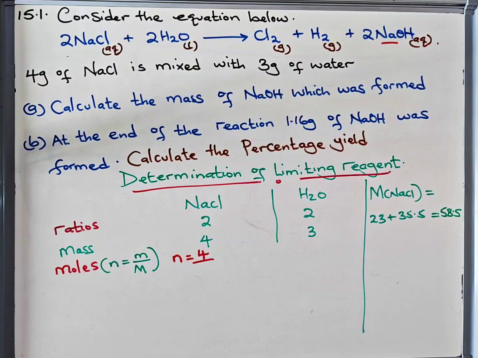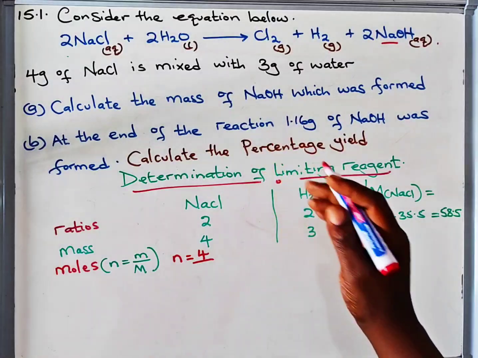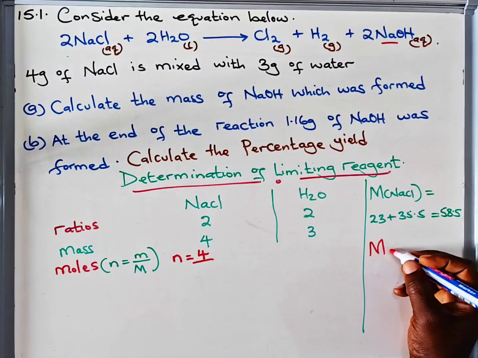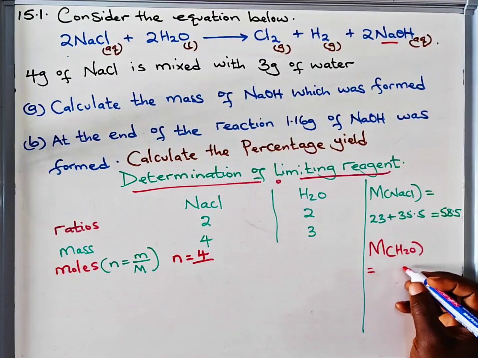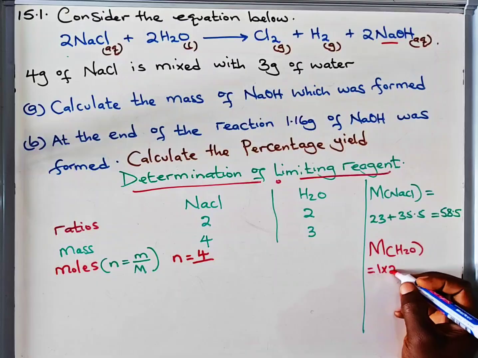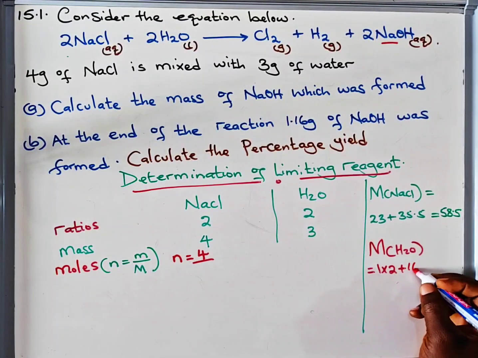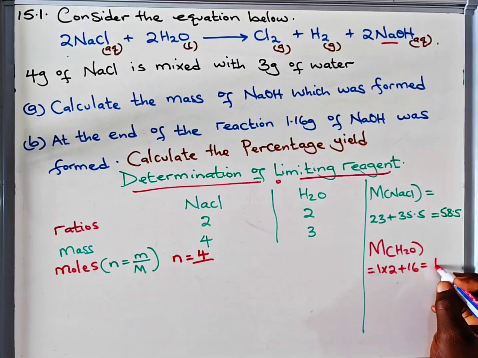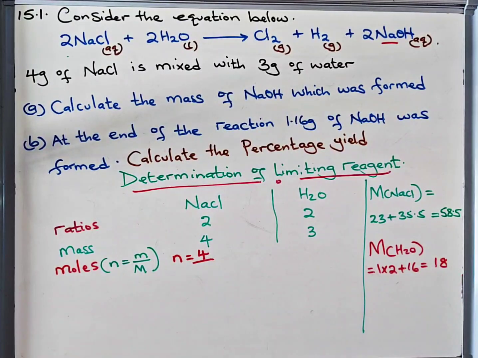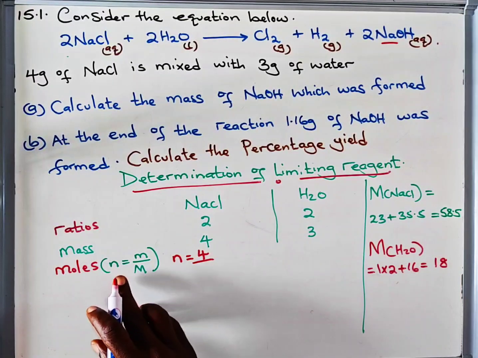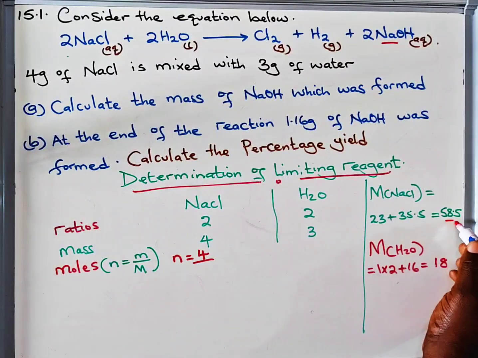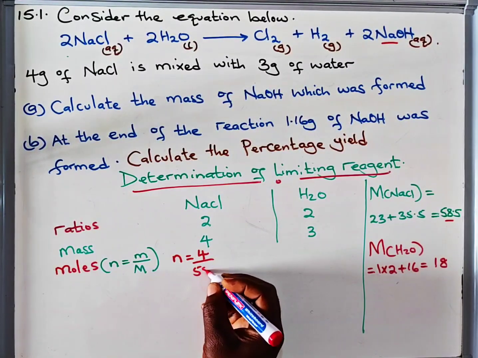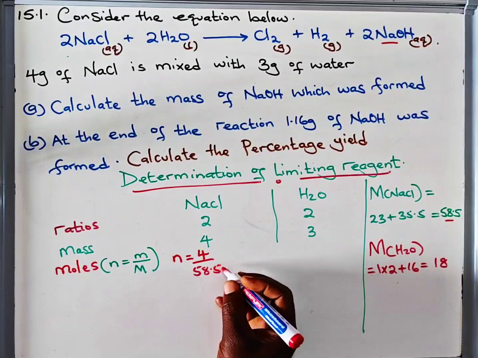Meanwhile, for water, you find it also. It is made up of H, which is 1, but times 2, plus oxygen, which is 16, giving us 18. So back to our flow. What do we do here? We are calculating number of moles, and the molar mass of sodium chloride we have here, which is 58.5.